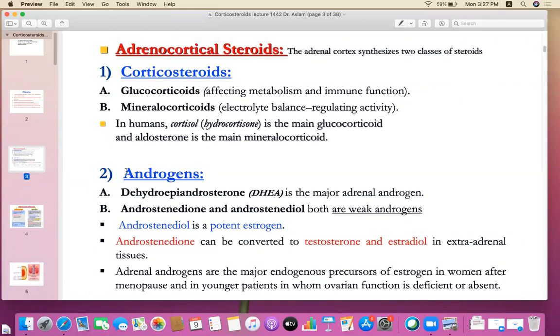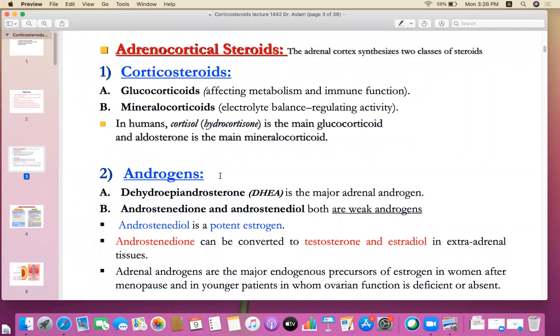The second one is androgens. As per the name, in another word, we can say male hormone. It is a male hormone, but don't let this name fool us, because androgens are also available in women.